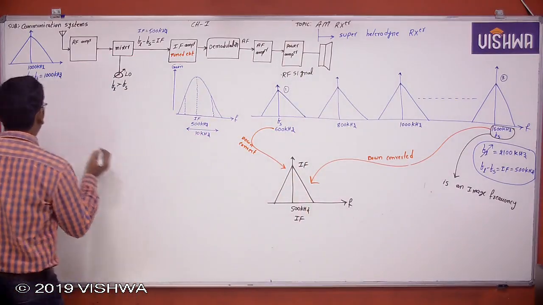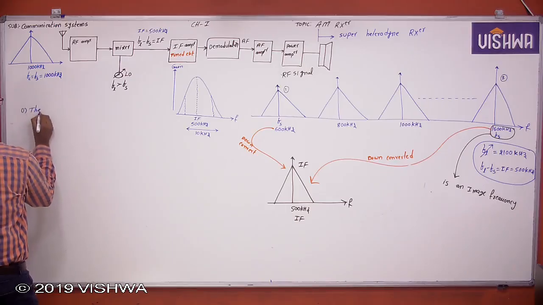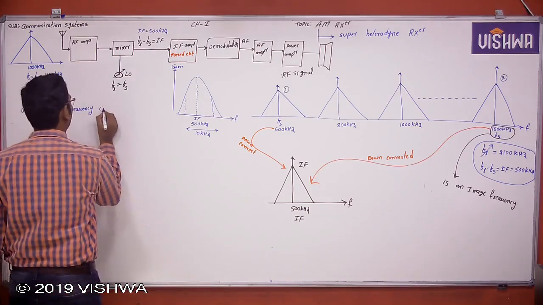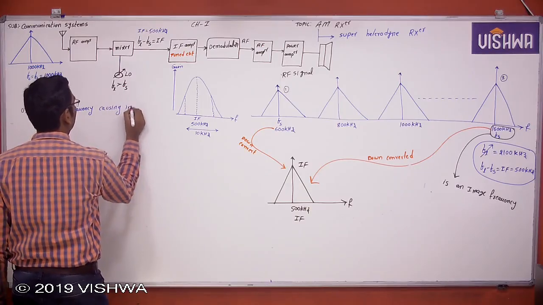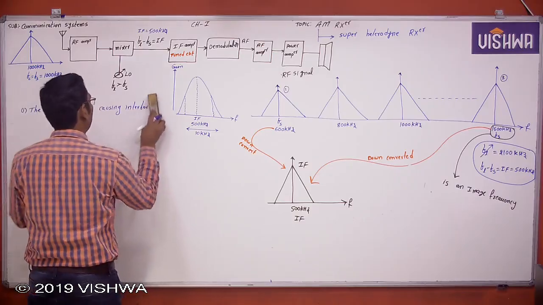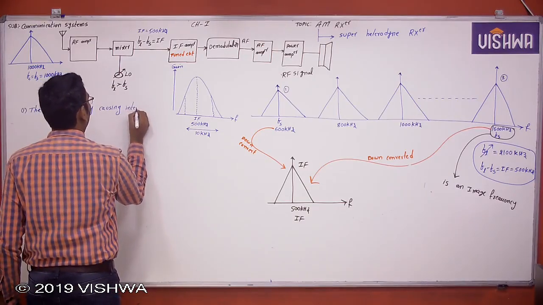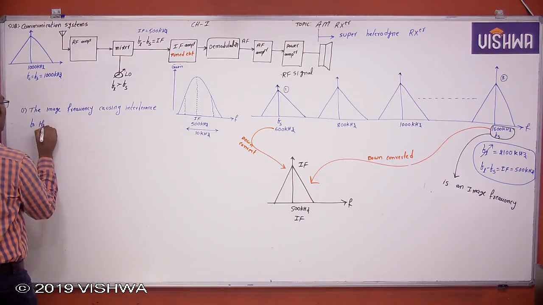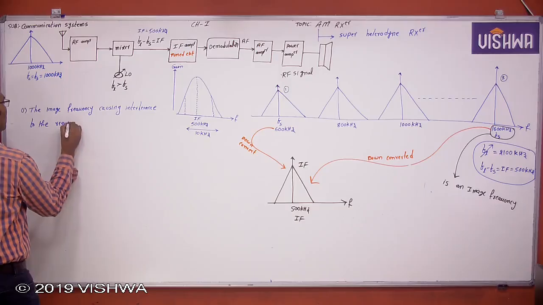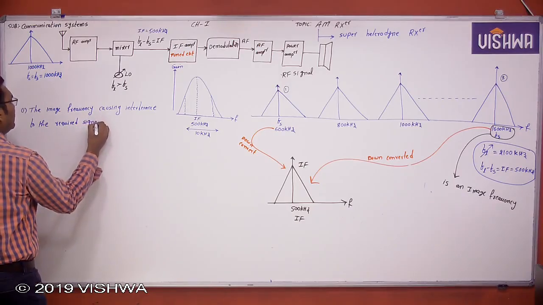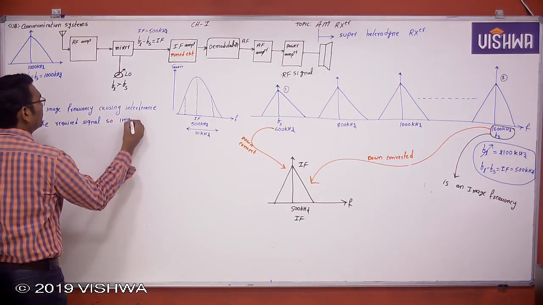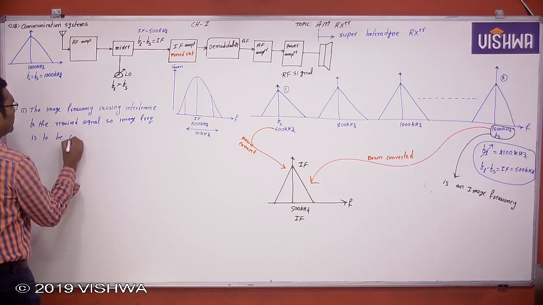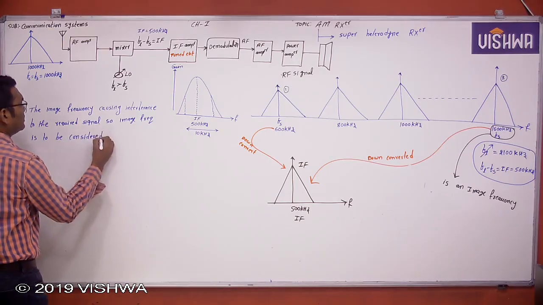Okay. Now I will write point by point. Now here, the image frequency causing interference to the required signal, so image frequency is to be considered as noise.